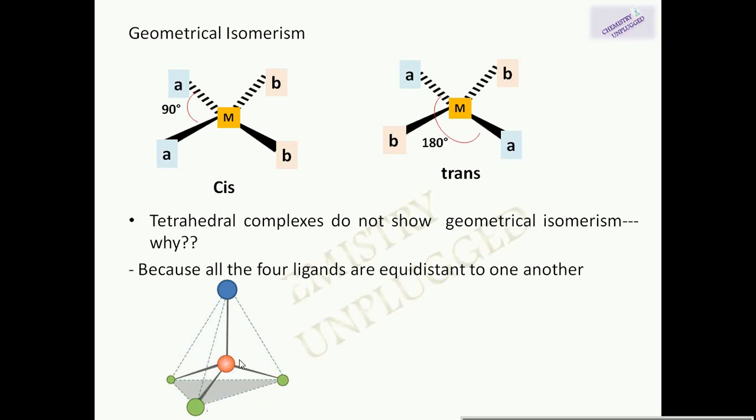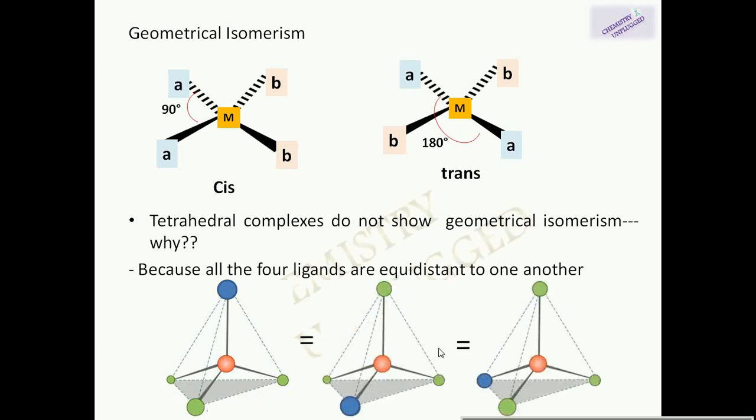But if we change its position, all these positions are similar to each other, because this is a tetrahedron and the distance between these bonds is equal. But in the case of square planar complexes, this distance and this distance are different. So geometrical isomerism is not possible in tetrahedral complexes.